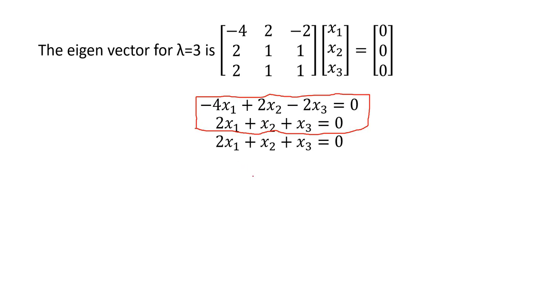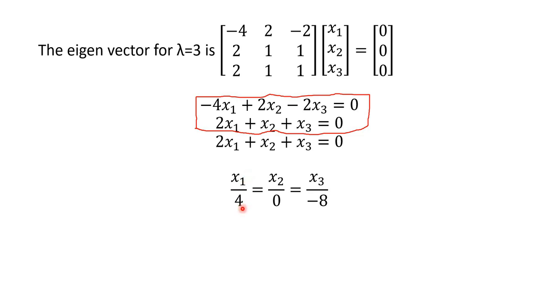So from the first two equations, for x1 we have 2 into 1 is 2, minus 1 into minus 2 is minus 2. That is 2 minus minus 2, which is 2 plus 2, equal to 4.